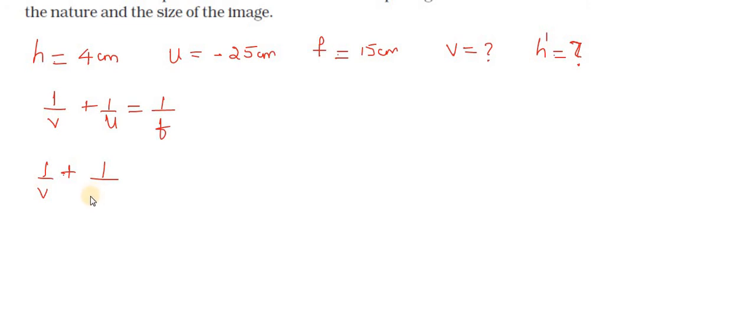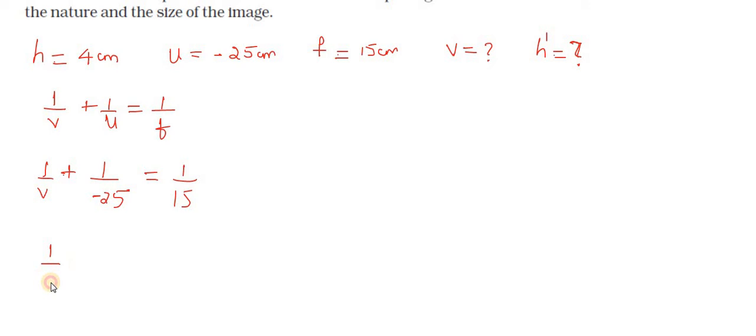Sorry, I wrote 2.5, it is 25, sorry for that. So 1 divided by minus 25 is equal to 1 by f, and f is 15. Okay, now simplify it further.